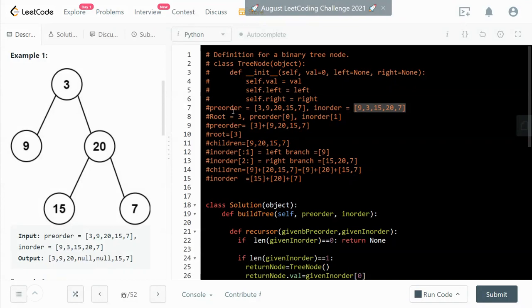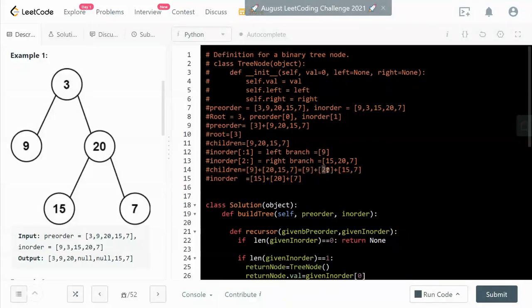And when we come back to the pre-order, we know that the left branch is going to be 9, and then 20, 15, and 7, which is exactly this part by itself, is the right branch. And the right branch also uses a pre-order traversal. So the 20 is going to be the root for the right branch, right?